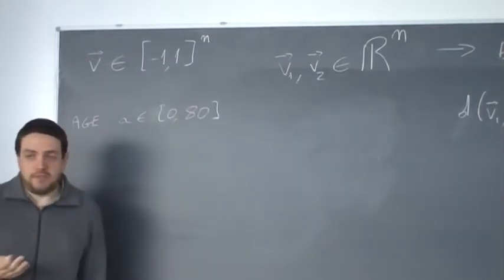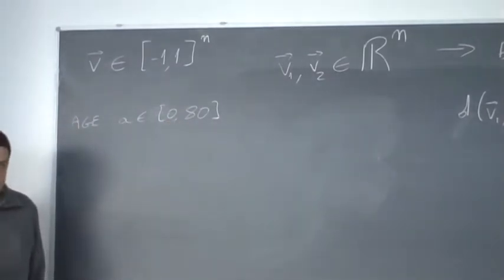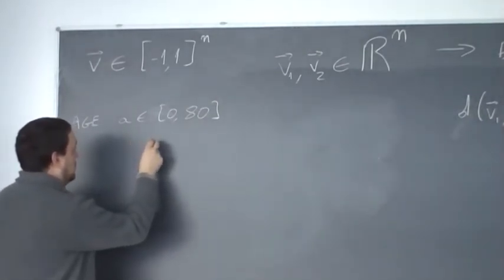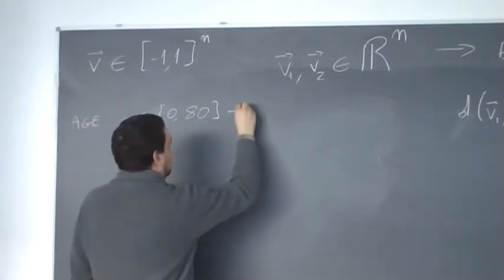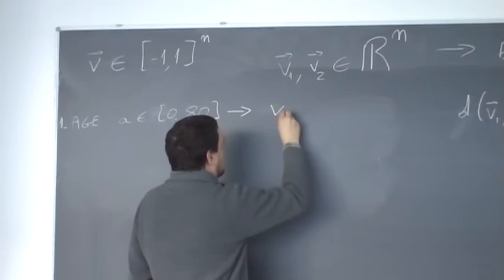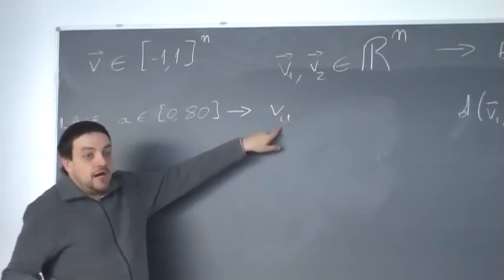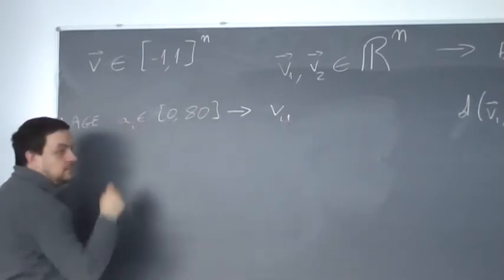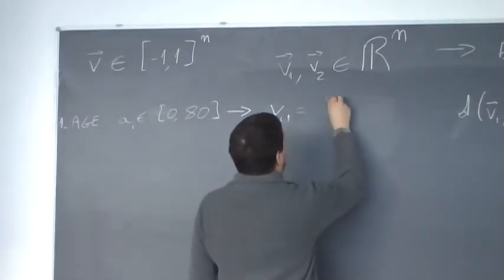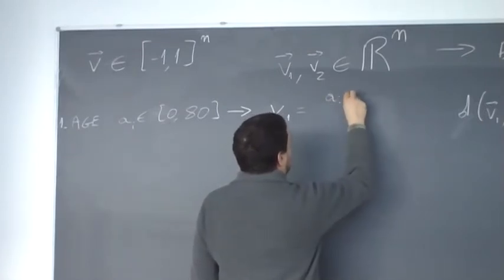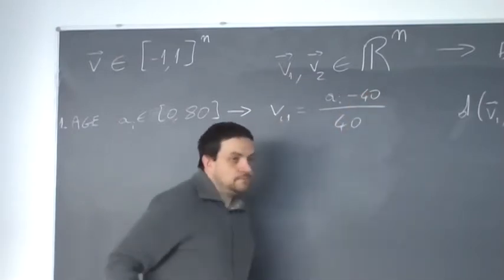When we want to describe our person, rather than writing directly this number, we do this. The first feature of person i, supposing that this is the age of person i, can be represented as the age of person i minus 40, divided by 40.